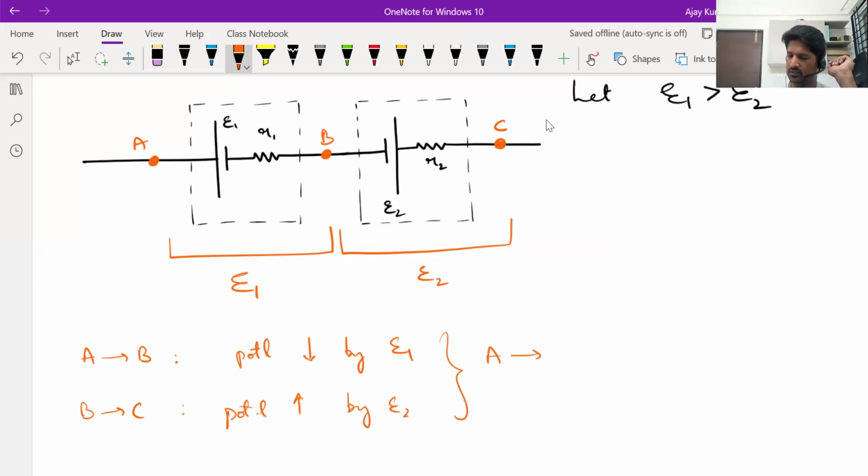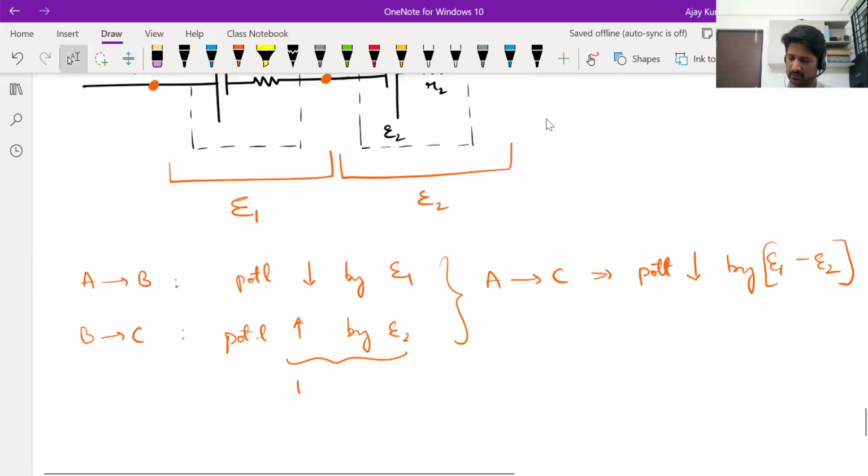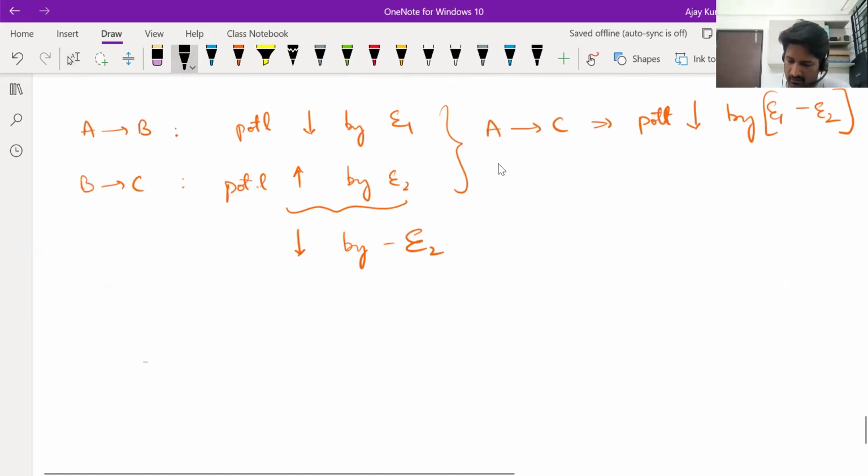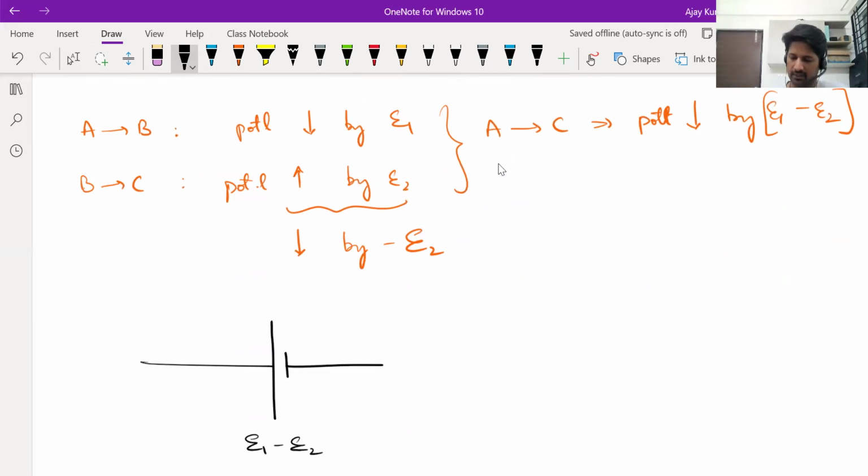So if you go from A to C, you can effectively say that the potential decreases by E1 minus E2. See, decreases by E1, I'm writing as it is. The second case, increases by E2, can be taken as decreases by minus E2. So what is the total decrease? E1 minus E2. Therefore, if you replace them with a single cell, the decrease as you go from this side to that side should be E1 minus E2. So that's the effective EMF now.